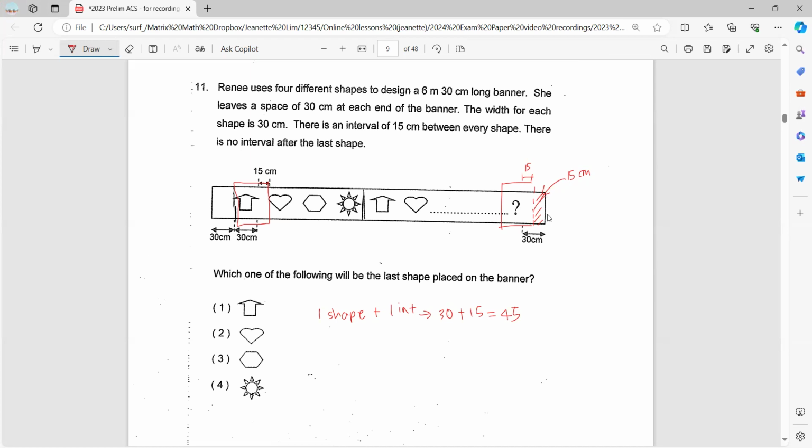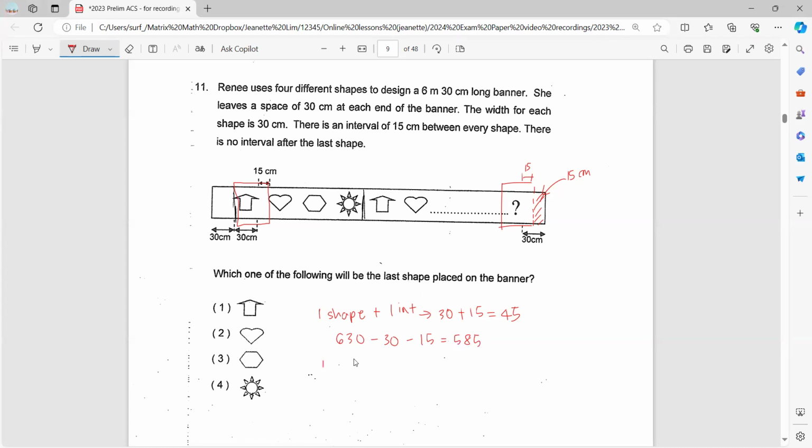So I'll take 630, what's 6 meter 30 cm, minus away the gap at the start, 30 cm, and minus this at the back, not 30 but 15. So this will give me 585. Now I take 585 and divide by the group of each shape and each interval, which will give me the number of shapes.